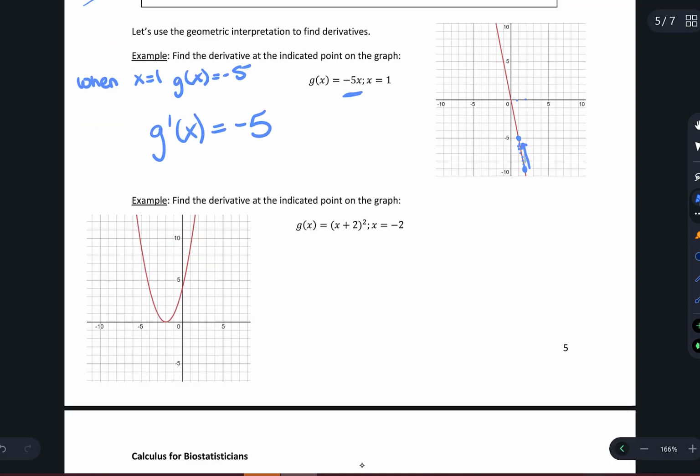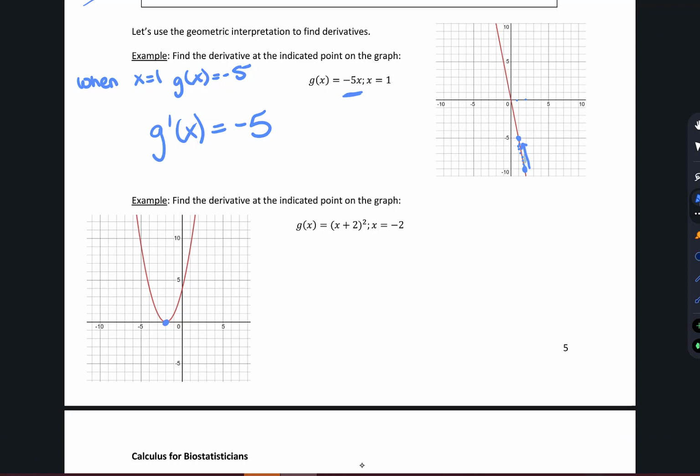Now, we could also look at this example. Find the derivative at the indicated point on the graph. Here we have g of x is equal to (x plus 2) squared, and we're interested in the point x is equal to negative 2. Notice that when x is equal to negative 2, we are at 0.